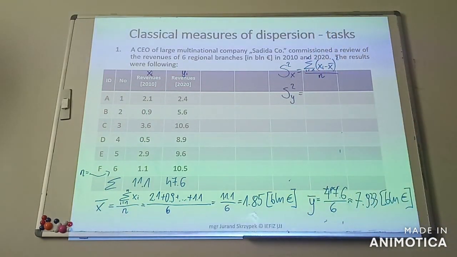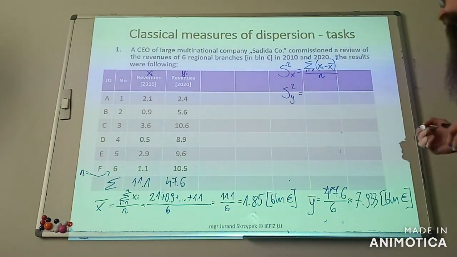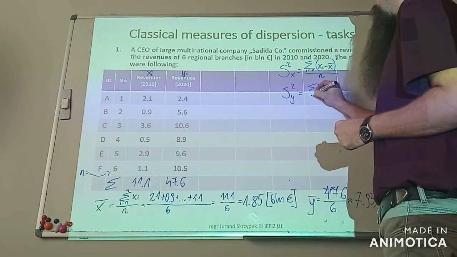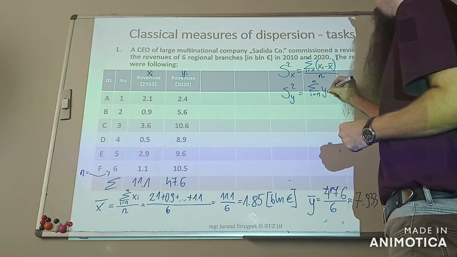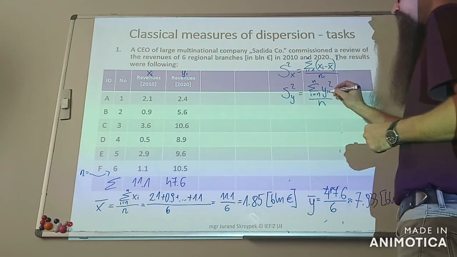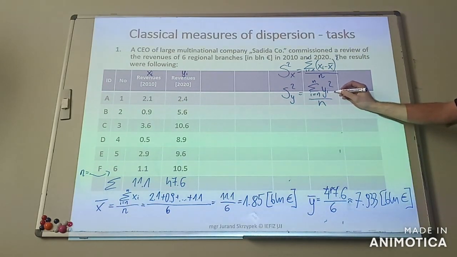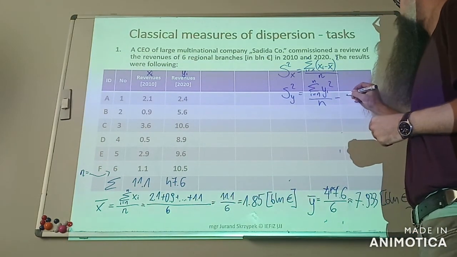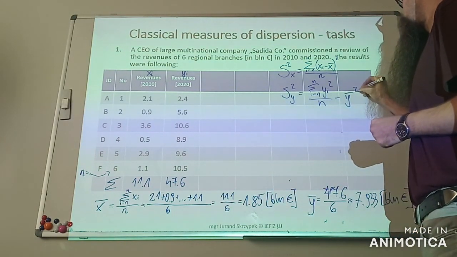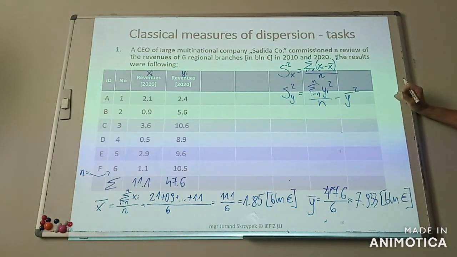So the variance of attribute y values is the sum from i equal to 1 up to n of yi squared, so this is the average square of the variable y values, minus the arithmetic mean of the variable y values squared.